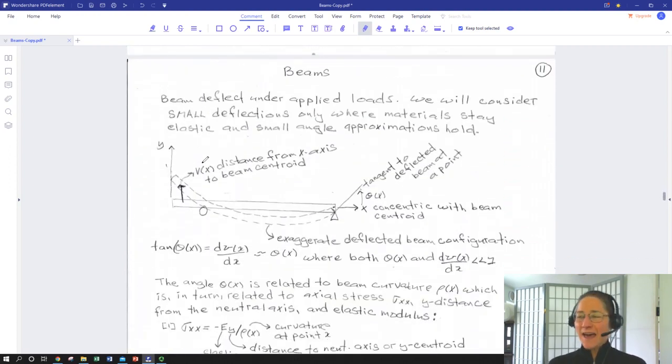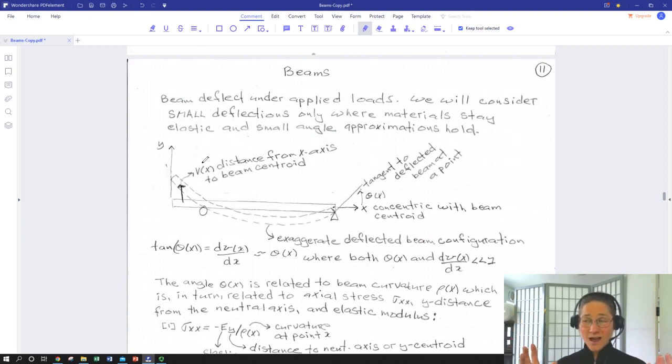Okay, that is it for longitudinal stresses. So just to recap, we've taken a beam that's straight, we put a grid on it, we've looked at the geometry of flexion, we've looked at radii of curvature and distances between points, and we've related that to an axial strain, epsilon xx.